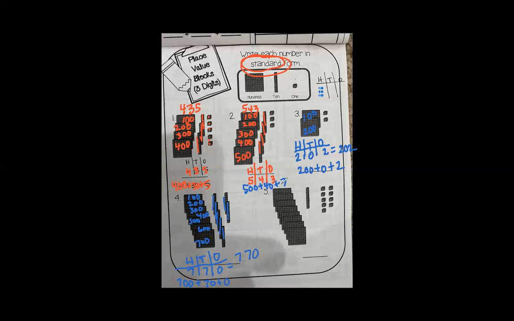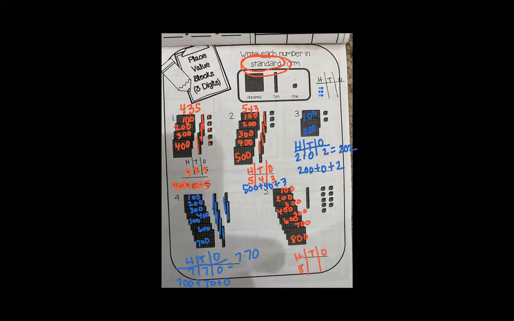And the last one that we have: 100, 200, 300, 400, 500, 600, 700, 800. So we have hundreds, tens, and ones.